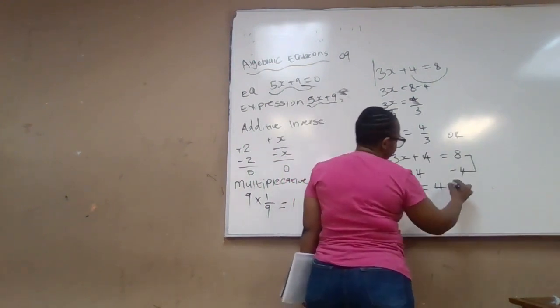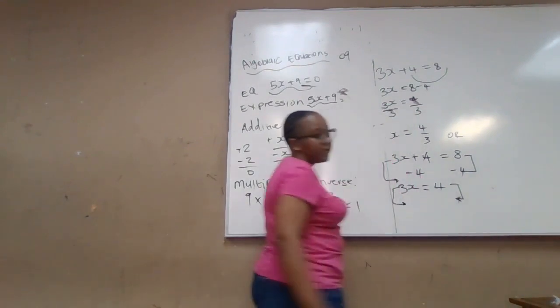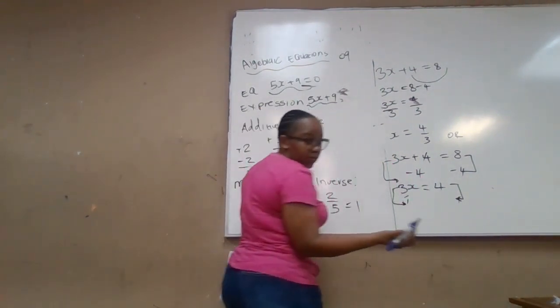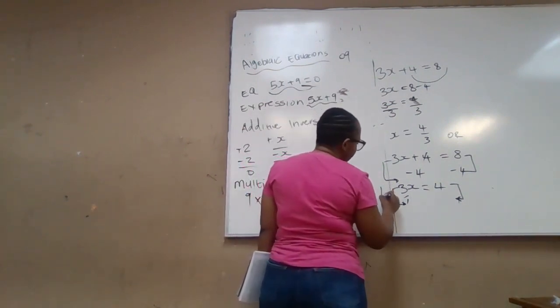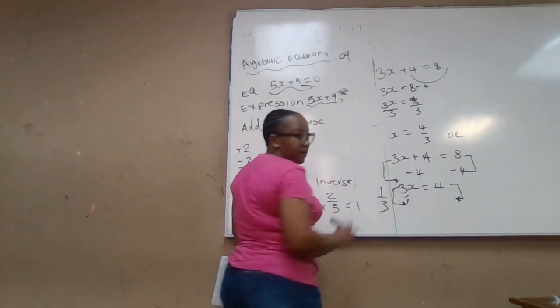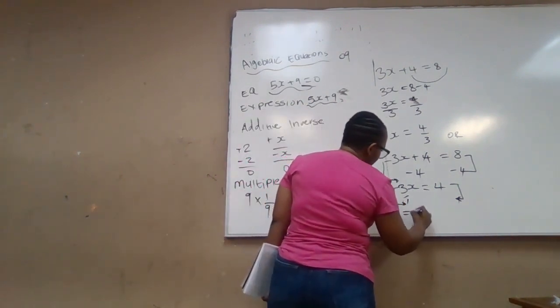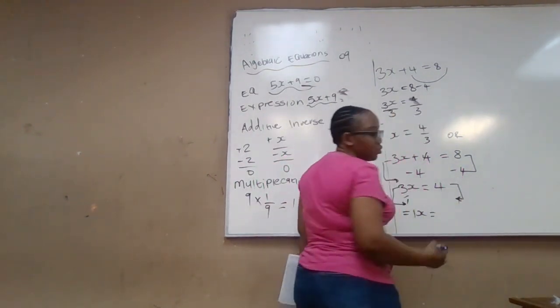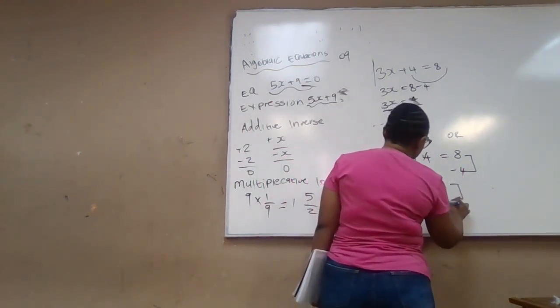Now what's the multiplicative inverse of 3? You can say 3 over 1. The inverse of 3 is going to be 1 over 3. 1 over 3 multiplied by 3, you will get 1x. And then you come back on this side. What you do on the left-hand side, you do on the right-hand side.